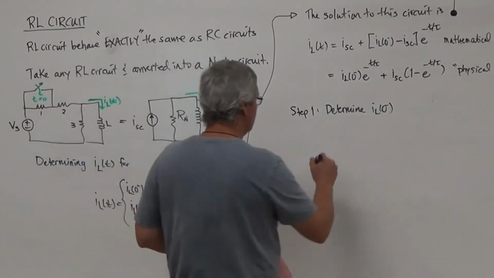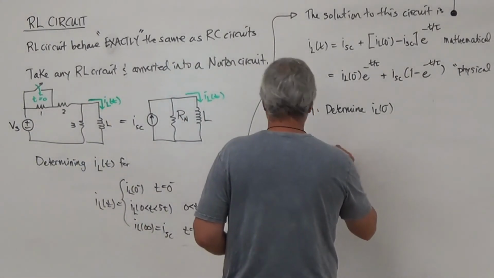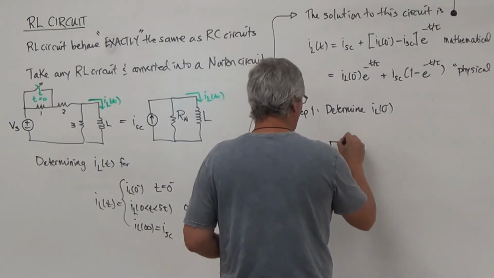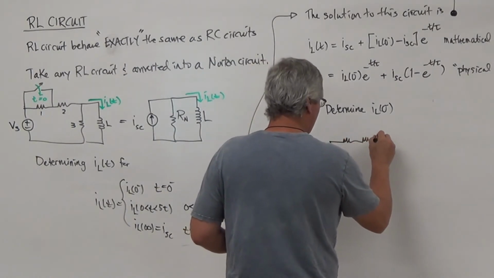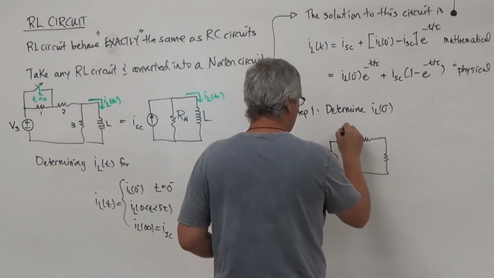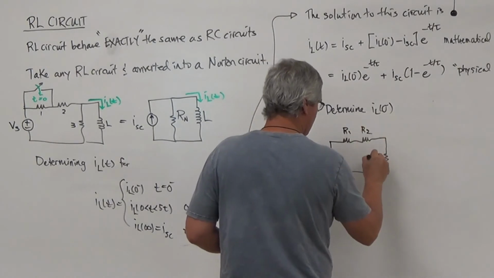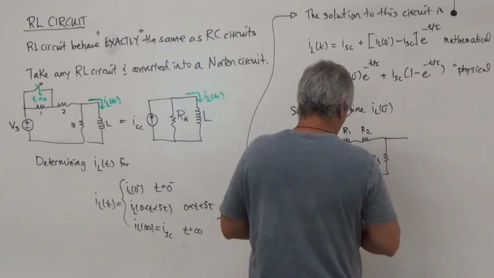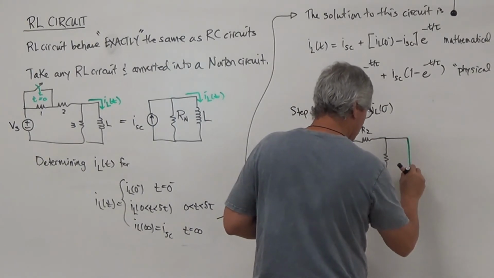So what you'll find here is that you get this guy here, which is Vs, and then I'm going to get a 1, a 2, and then I'm going to have the 3 here, and then my inductor here is a short, right?